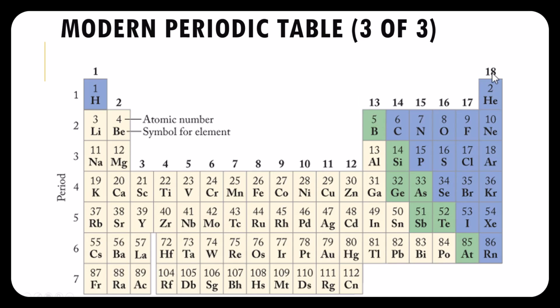This teeny tiny little blue section over here in the periodic table and hydrogen, these are our non-metals. Non-metals are kind of the opposite of what you would expect from a metal. They are typically a gas or liquid at room temperature, do not conduct electricity, do not conduct heat. While it's a teeny tiny little section of the periodic table, don't sleep on them.